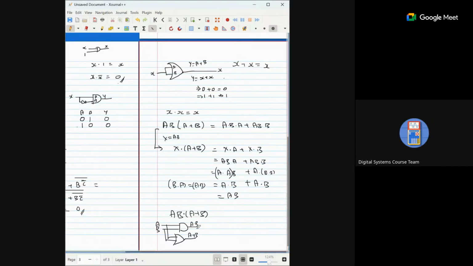The total term should be ANDed together, so I can write it as ab times of a plus b. Instead of this, I can simply put this, which is equal to the above expression. Is it fine? So I'm reducing the number of gates.